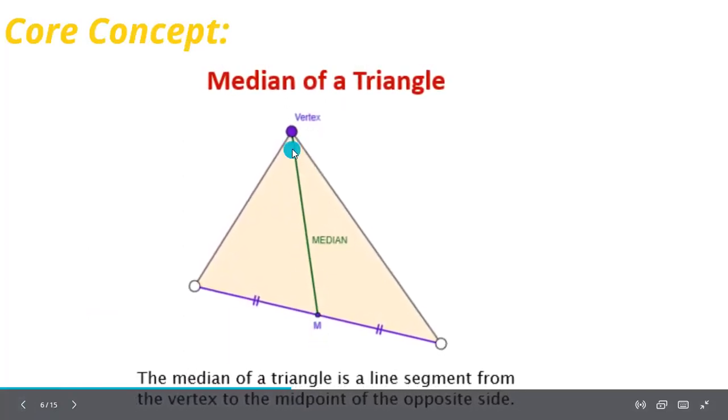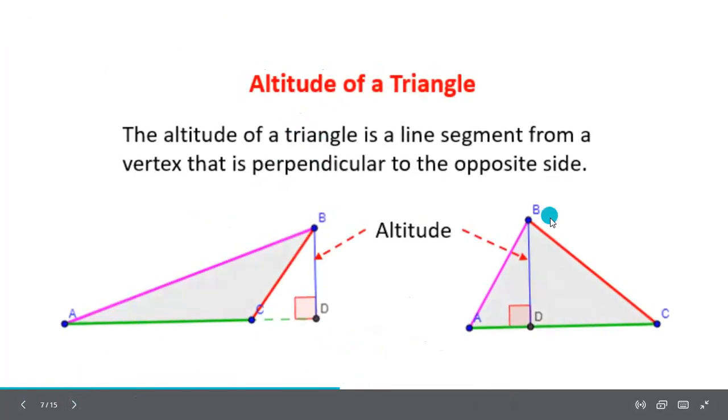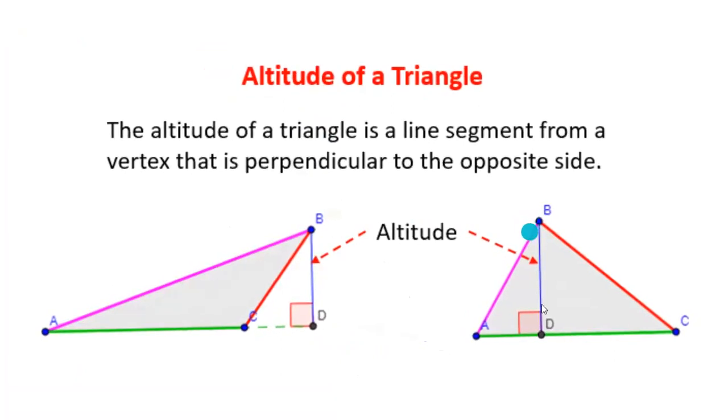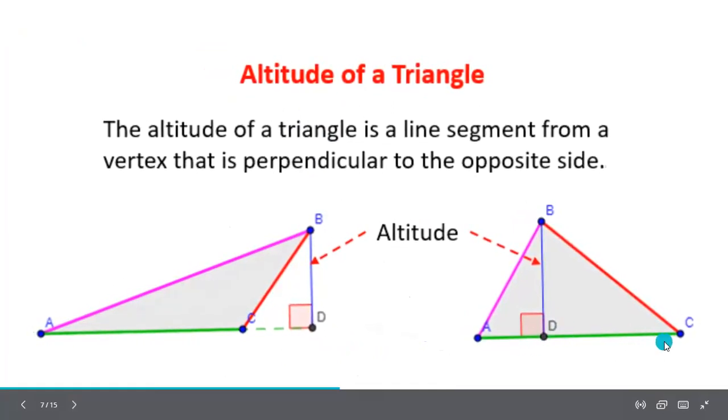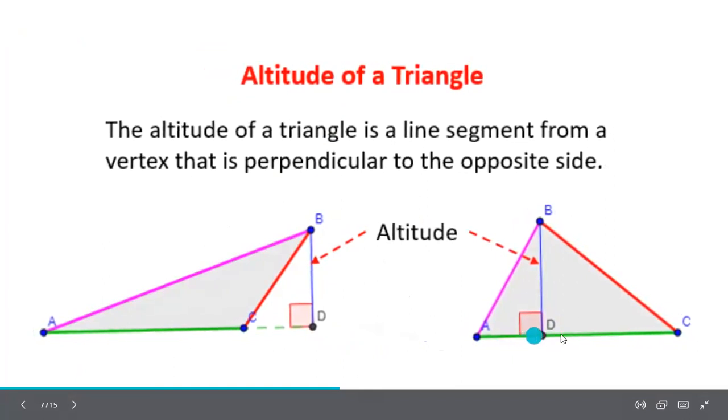It is the line segment which divides this side into two equal parts at the midpoint. So this line is called the median. And for altitude, we draw a perpendicular line from the opposite vertex. Here, the length of these parts will not be the same. So this is the difference between the altitude and the median.